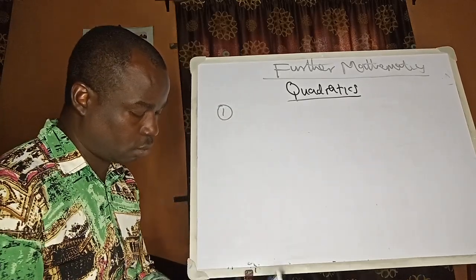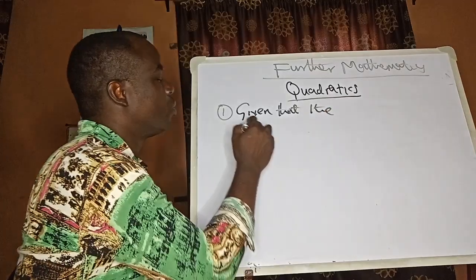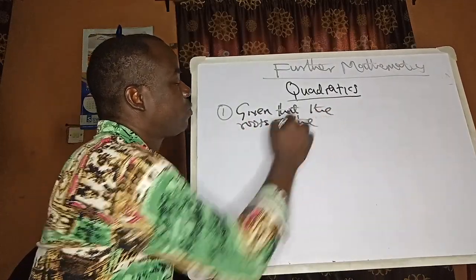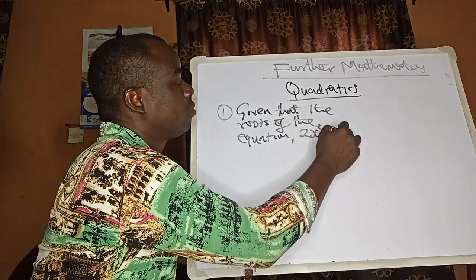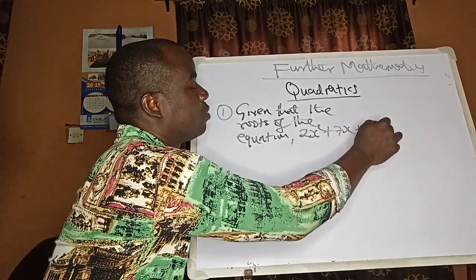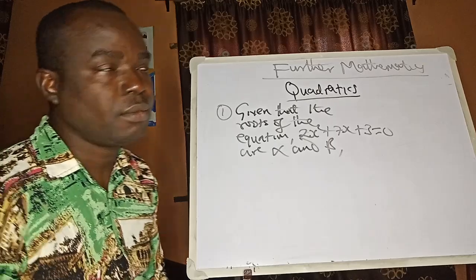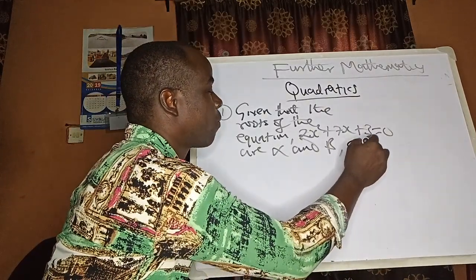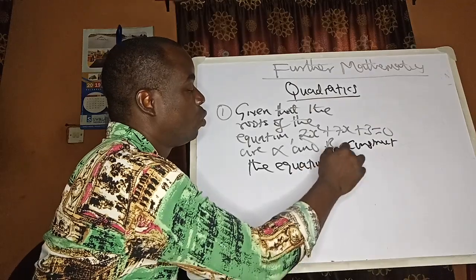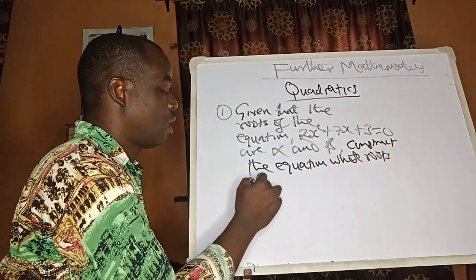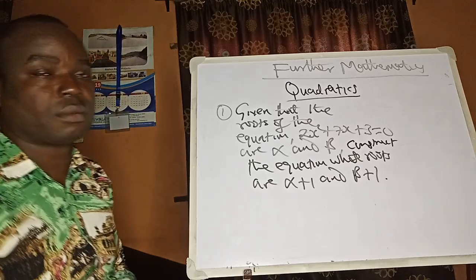Number one: given that the roots of the equation 2x squared plus 7x plus 3 is equal to 0 are alpha and beta, construct the equation whose roots are alpha plus 1 and beta plus 1. Let's work on this.